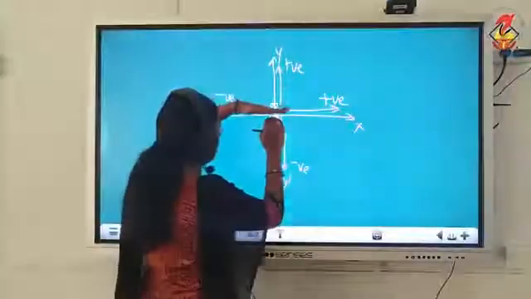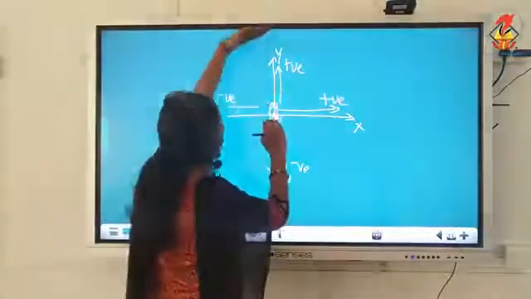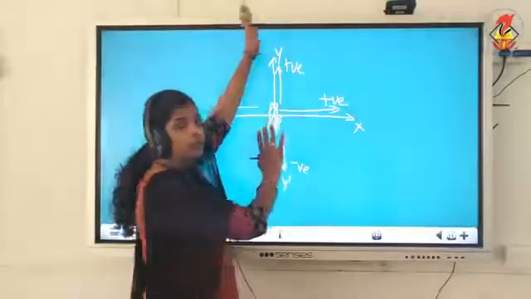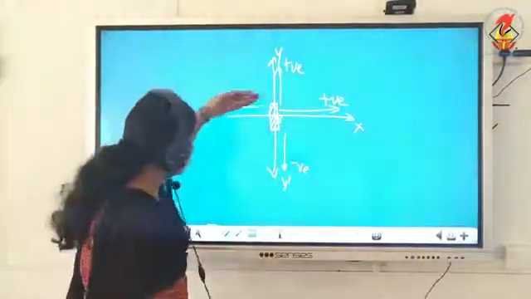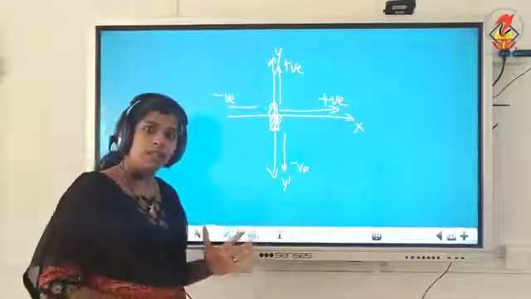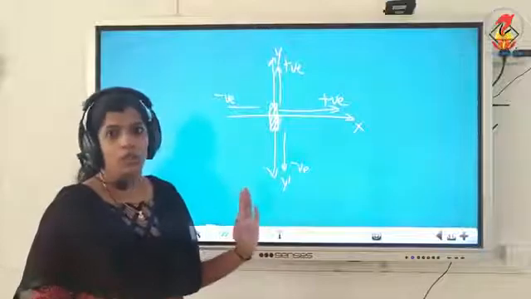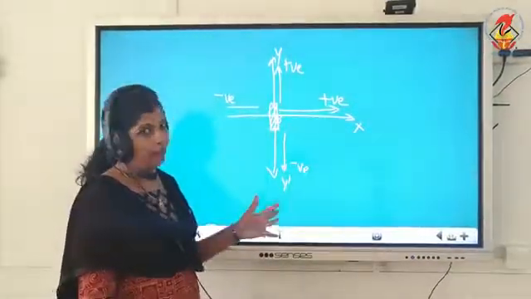Anything measured above this height in the upward direction is taken as positive. Anything measured in the downward direction is negative. So, this is the basic graphical idea.